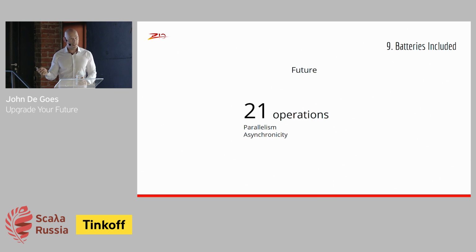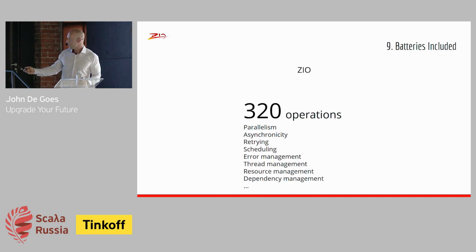Everyone out there is doing it, and that's because Future's way down here, but your business problem is way up here. And even though we really can't bridge the entire gap, what we can do is meet halfway and solve a bunch of the common problems people have inside the data type itself. And that's why Future only gives you 21 operations, but ZIO gives you actually quite a few, maybe too many.